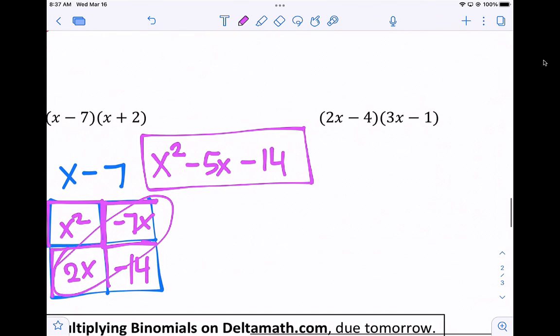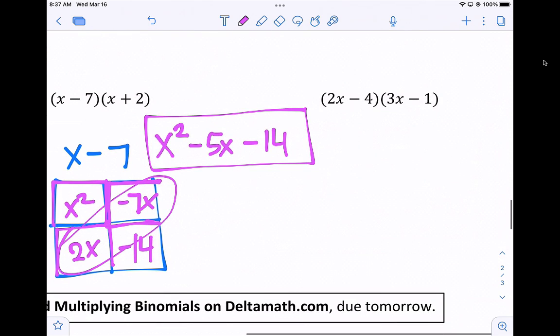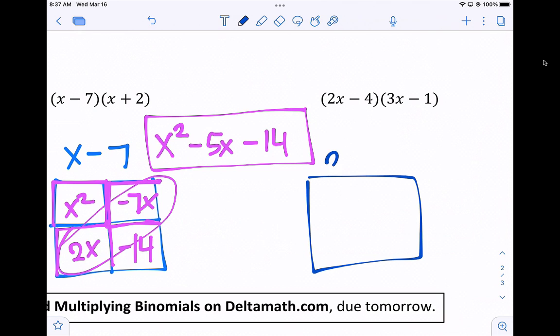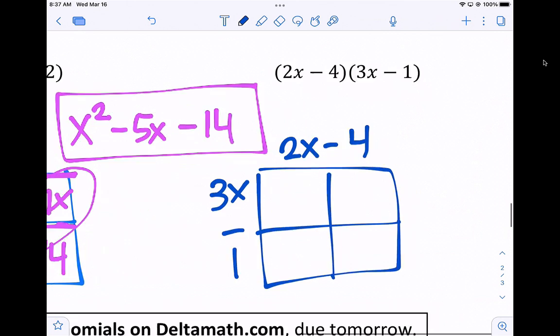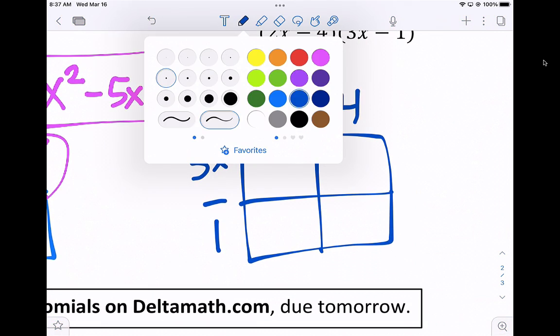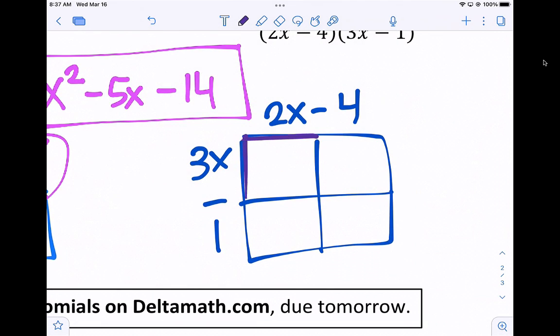And then our last one, notice there's some numbers in front of the x. We can still do the same thing that we've done before. We'll make our rectangle. We'll do 2x minus 4, 3x minus 1. Doesn't matter which one you put on the top or the side. We'll get the same answer. And then we'll multiply. So we have 2x times 3x. You'll multiply the numbers together first. 3 times 2 is 6. And x times x is x squared.